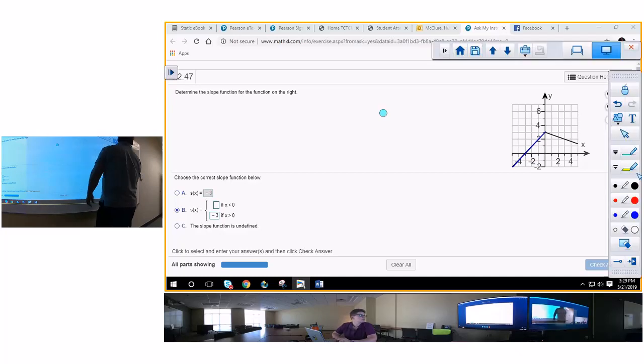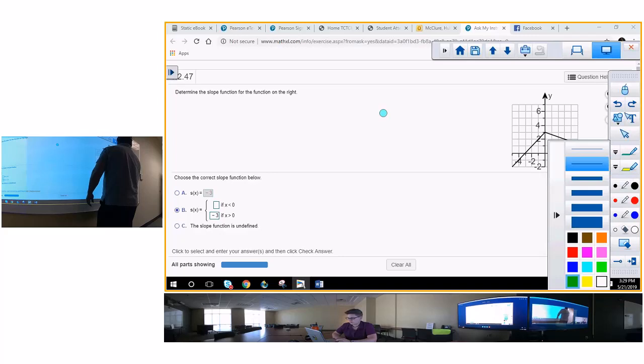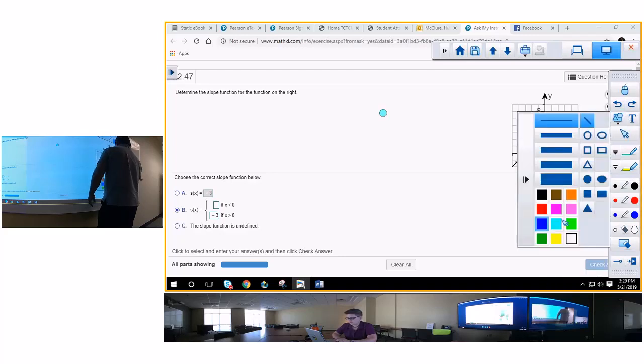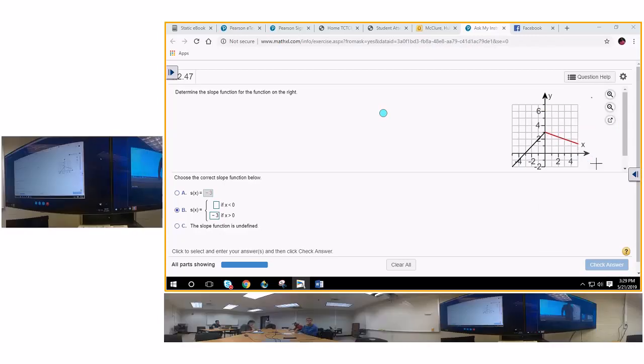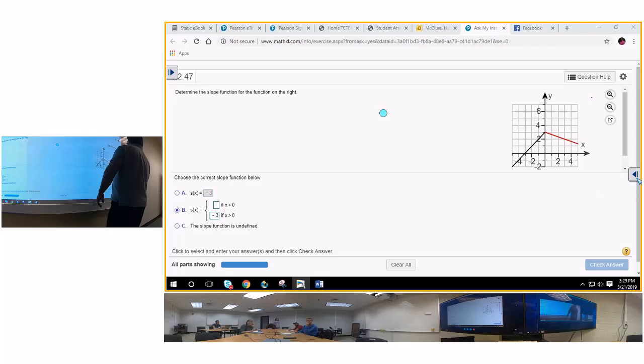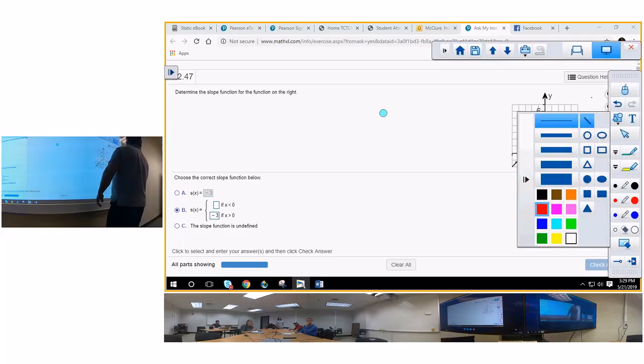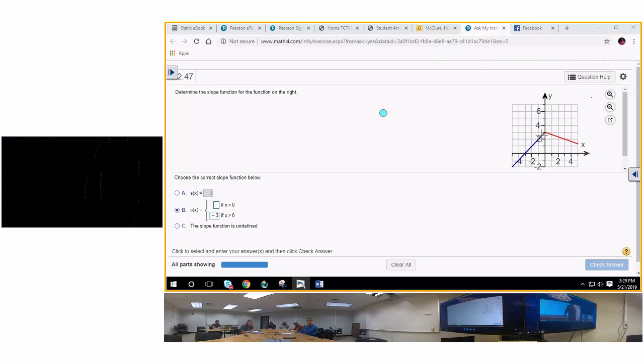And then number 2. I'm assuming that they want you to do 2 separate slopes, because that's the only way technically you can do it. Okay, my blue disappeared. I don't know why. There we go. All right, so you got 2 slopes.